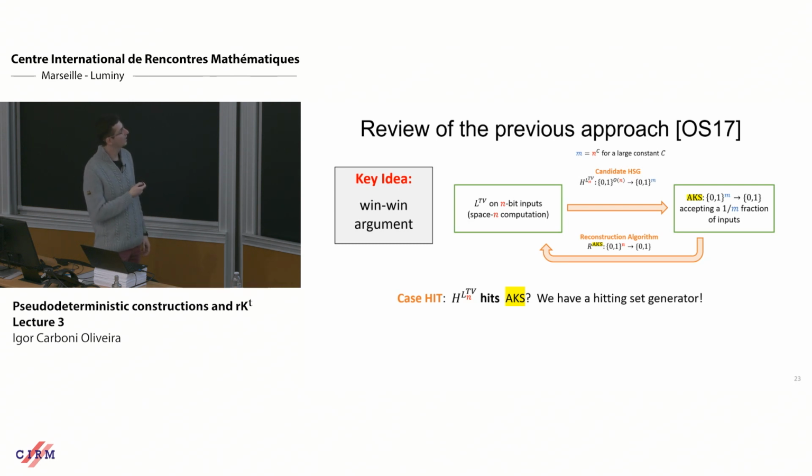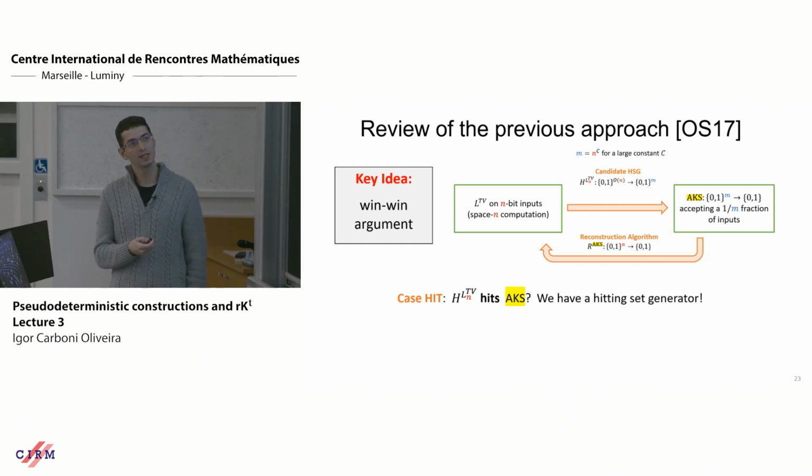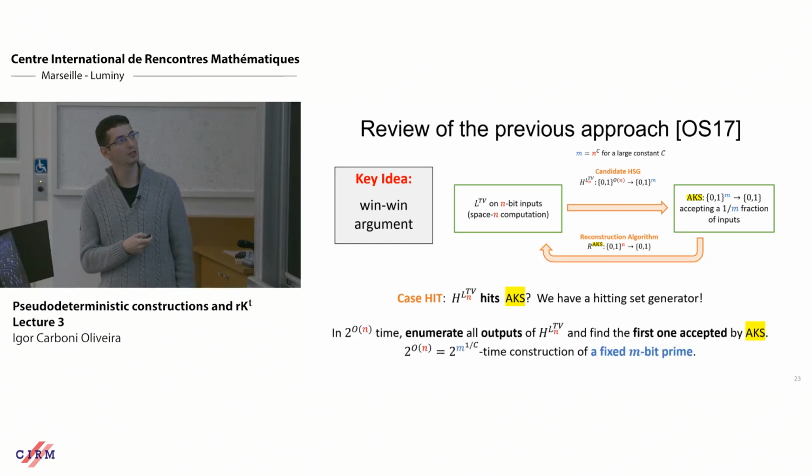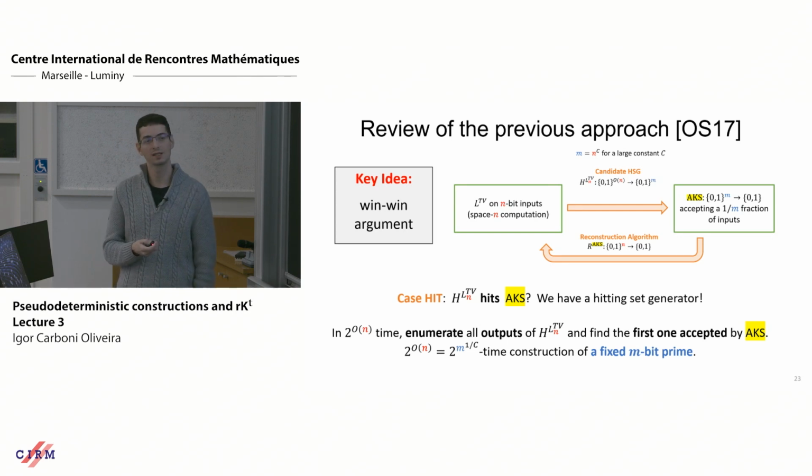Let's call this case hit. That's when the output of the hitting set overlaps with the set of primes, with the AKS test. In this case, we have a good hitting set generator. So we can enumerate all the seeds, and we check the first string that is a prime, that is accepted by the AKS test.